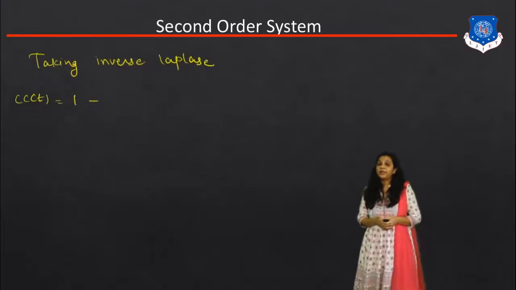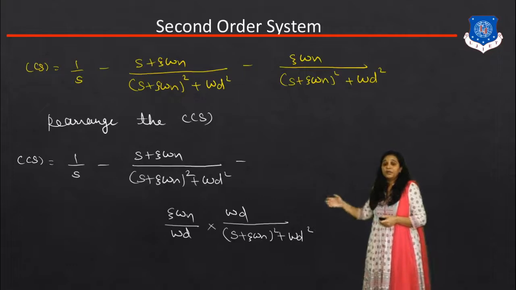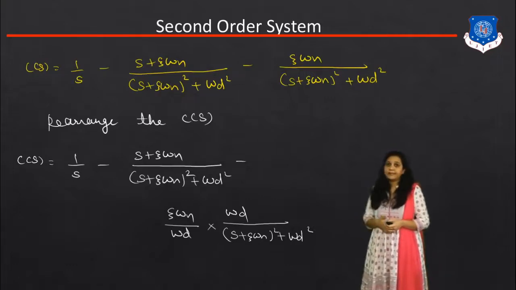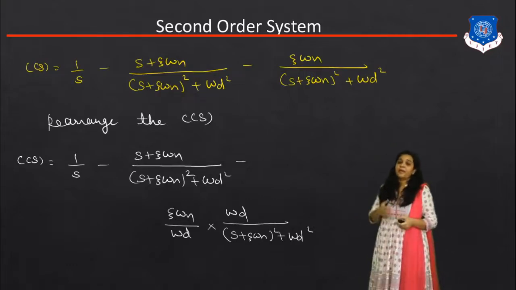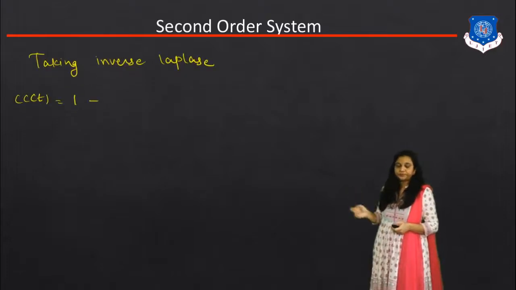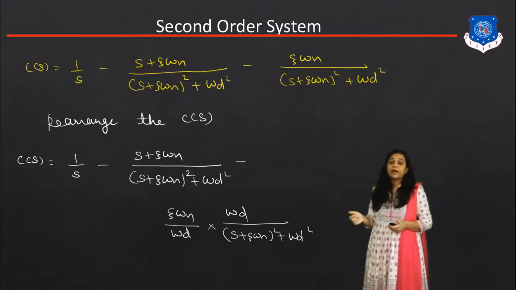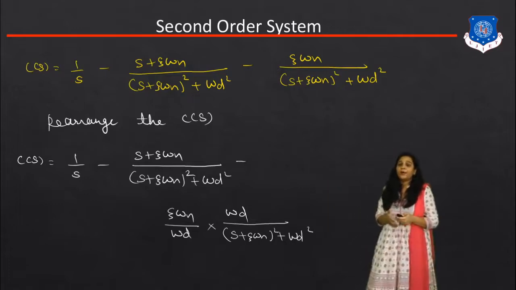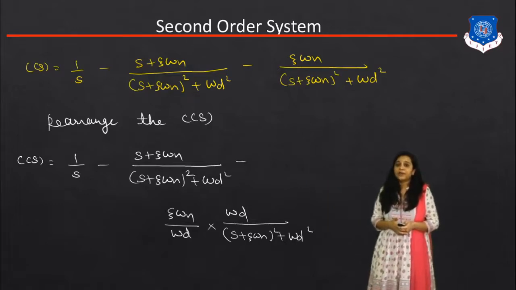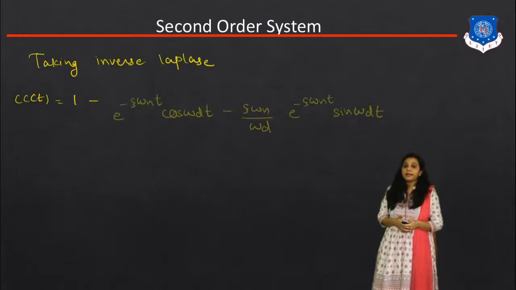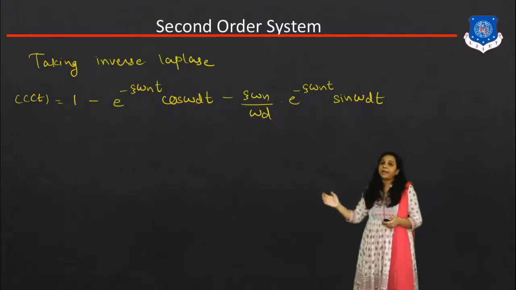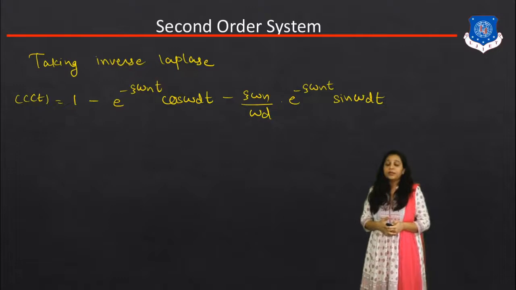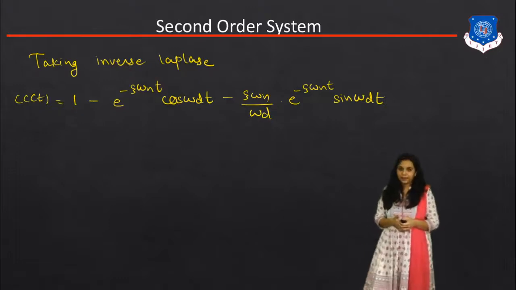Now we have to take the inverse Laplace. The inverse Laplace of C of s is C of t. 1 by s gives 1, minus as it is. Now the inverse Laplace of (s plus zeta omega n) upon (s plus zeta omega n) whole square plus omega d square is equal to e raised to minus zeta omega n t cos omega d t.